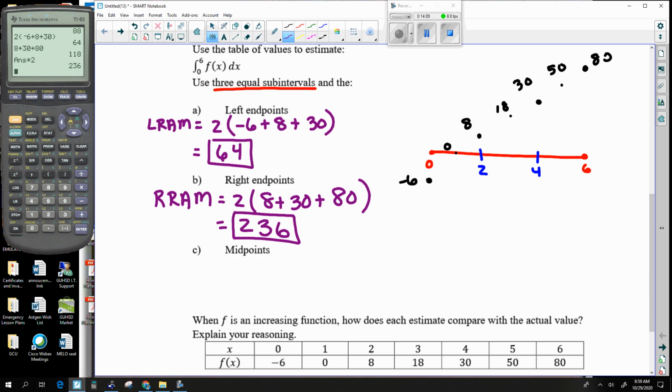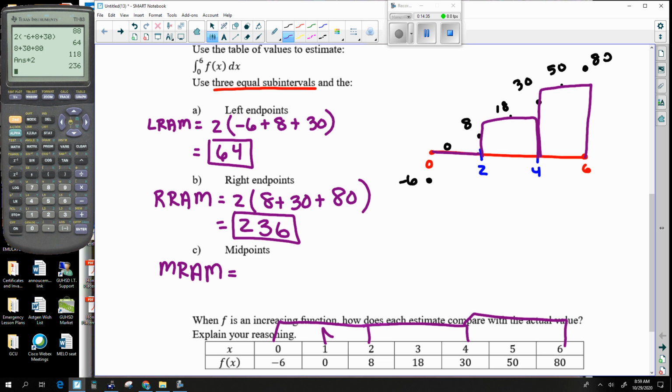Okay, and then we have this MRAM. Which heights are going to be at 0, 18, and 50. So the heights are determined. So if the first interval is 0 to 2, and then 2 to 4, and then 4 to 6, the heights are determined by 1, 3, and 5.